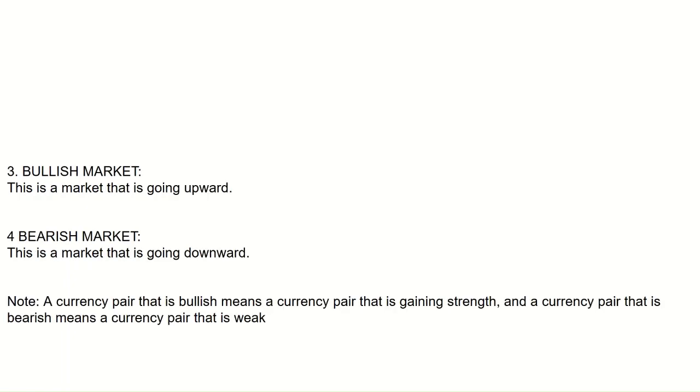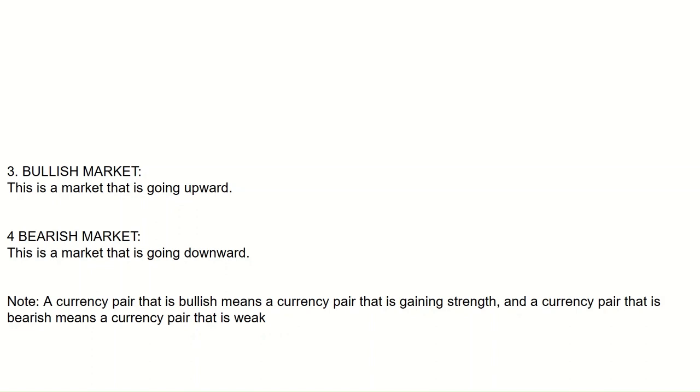The third one is bullish market. What does bullish market mean? It means a market that is going upward. The next one is bearish market. A bearish market is the opposite of a bullish market, which means it is a market that is going downward. So note, a currency pair that is bullish means a currency pair that is gaining strength, and a currency pair that is bearish means a currency pair that is weak. Let's take DXY for example.